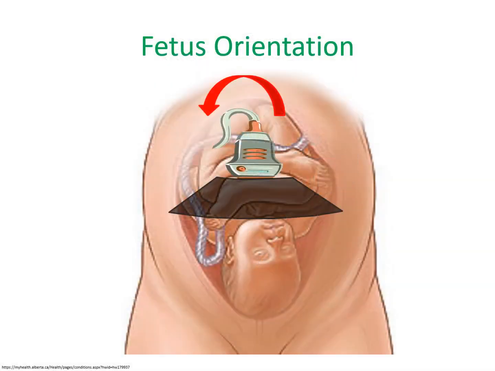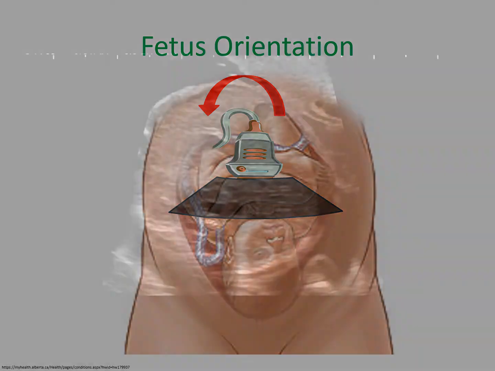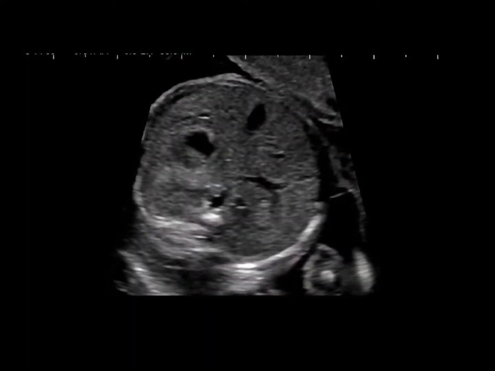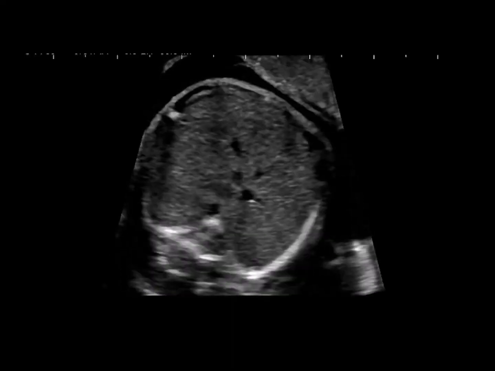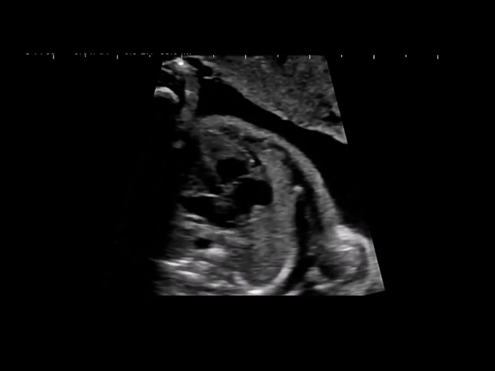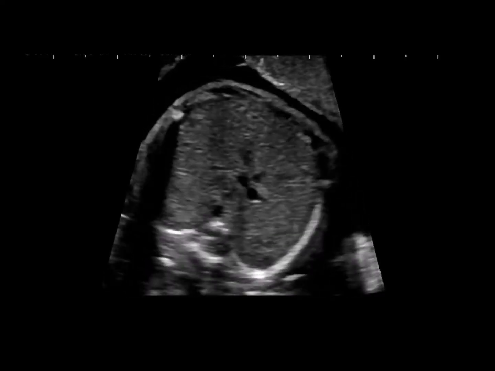We then rotate the transducer 90 degrees counterclockwise, where the marker would be pointing at the maternal right side. And in this case, this fetus that is in this cephalic presentation, vertex presentation, chest up, we will see that the left side of the fetus is here on the left of the screen, the right side is here on the right.